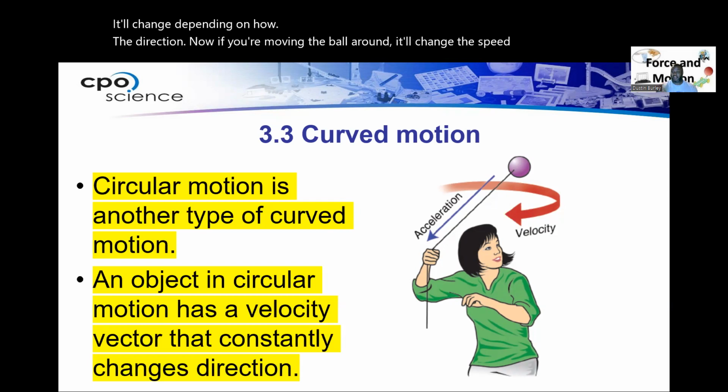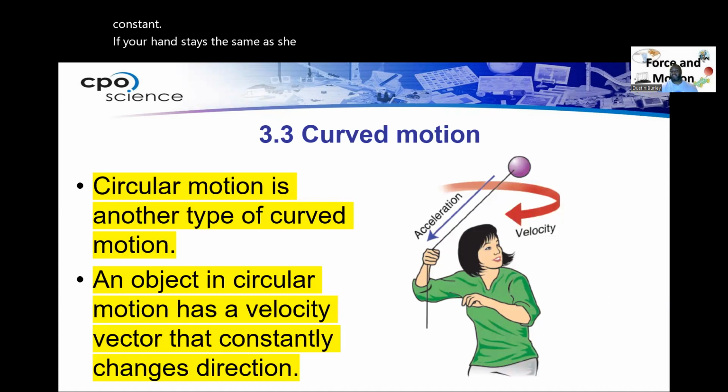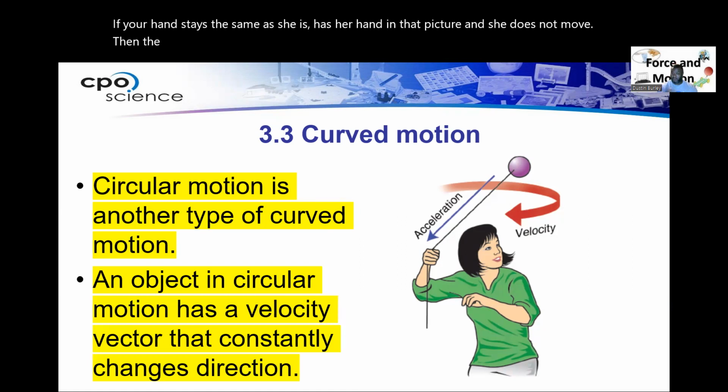But if it is constant, if your hand stays the same as she has her hand in that picture and she does not move, then the speed will stay the same and the ball will stay where it is. Now, if she moves her hand or finger any type of way, it'll change.